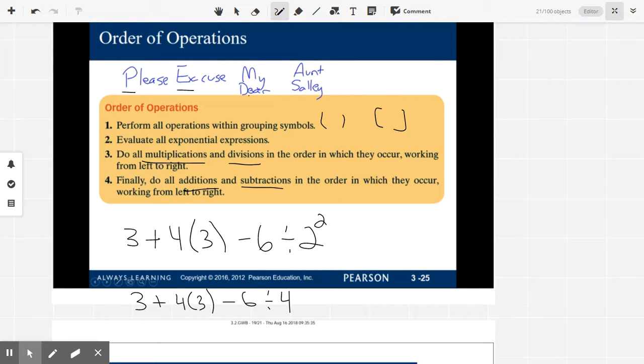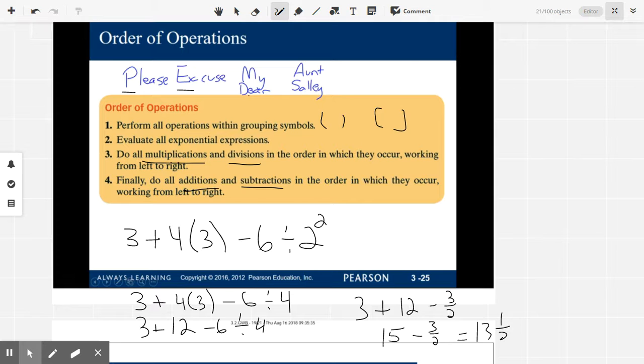Then I would do that multiplication, 3 plus 12 minus 6 divided by 4. And then I would do 6 divided by 4, which is 3 halves, so 3 plus 12 minus 3 halves. Then I would do this addition first, 15 minus 3 halves, which I believe is 13 and a half.